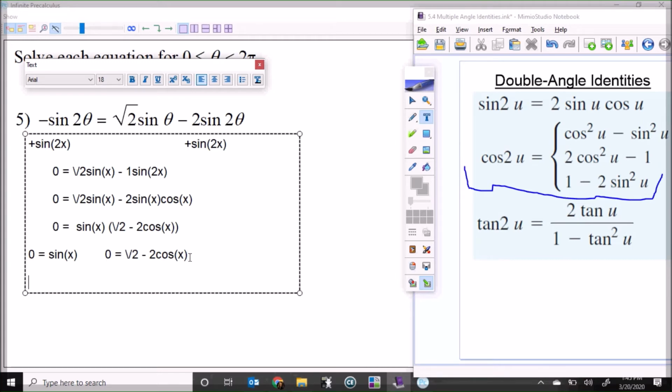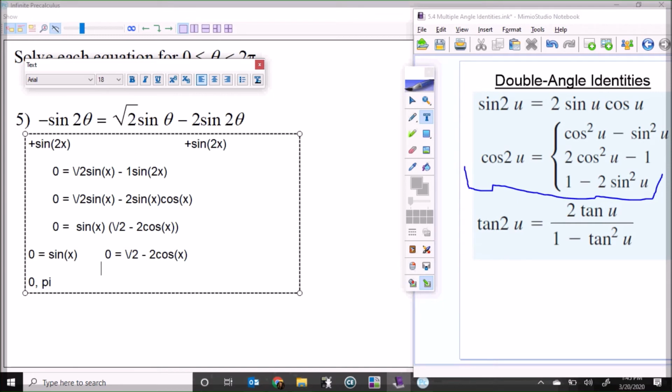Alright, well, let's think, when does sine equal 0? Well, sine equals 0 at 0, at pi, and then again at 2 pi, but we're not going to include 2 pi. So I'll come back over here. Need to solve this one just a little bit.